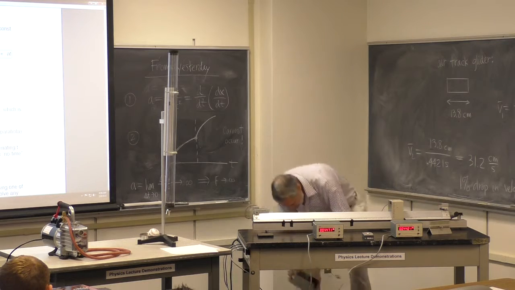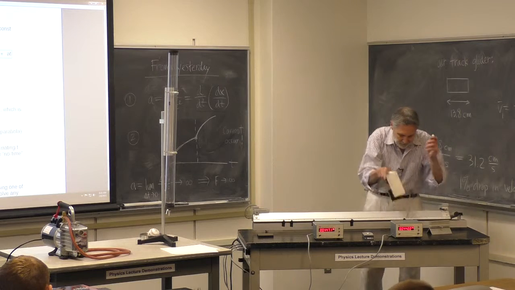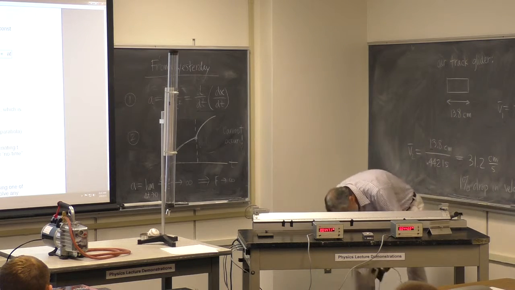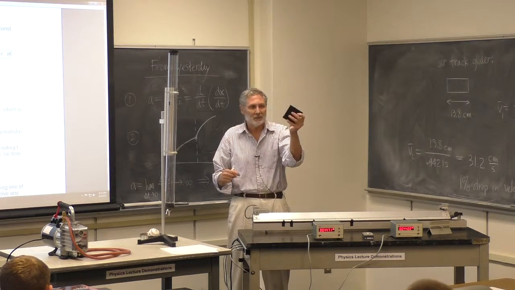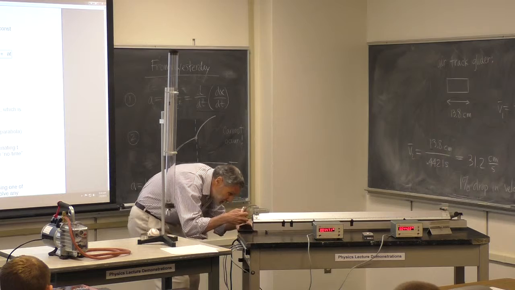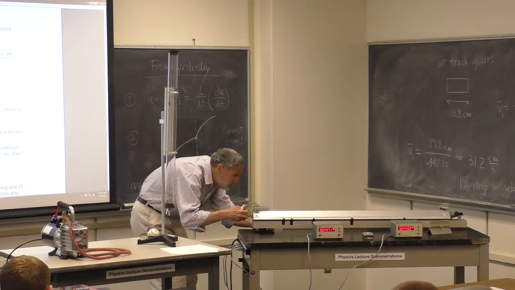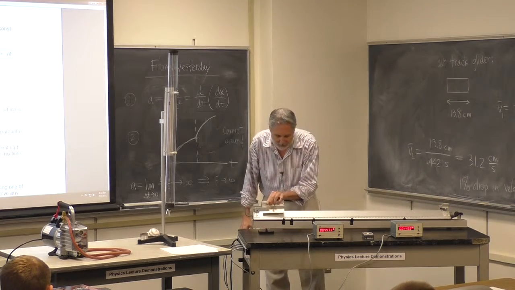And what I'm going to do now is tilt the track. Here's a 1/2 inch aluminum block. Okay, so now what's going to happen? Suppose I release it from rest here.